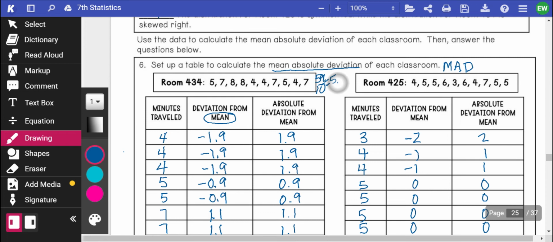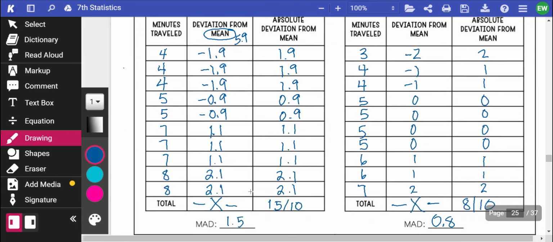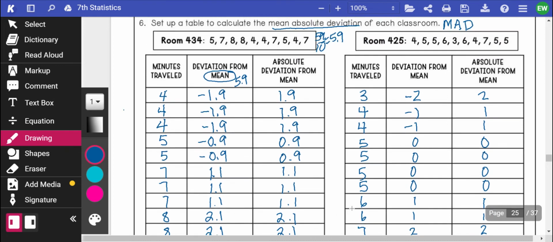So that's 5.9. So subtracting 5.9 from each of these, we've got some negative numbers. Remember, we're looking for the absolute deviation, so these should all be positive. Total those up, you get 15 divided by 10. So our mean absolute deviation for room 434 is 1.5.